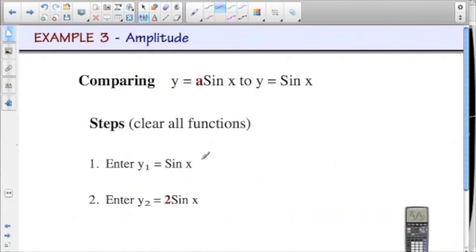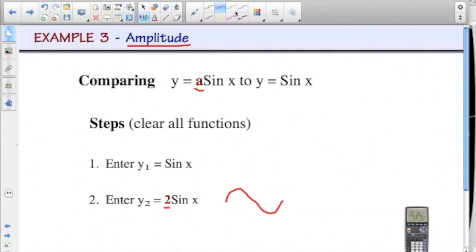Now the amplitude is this A guy, something happening in front of the function. And we remember that back in Learning Guide 1-2 is vertical, either expansion or compression. So we have a normal one, and then we have a 2 in front. So we know that is going to be vertically stretching or vertically expanding it. So the normal one looked like this.